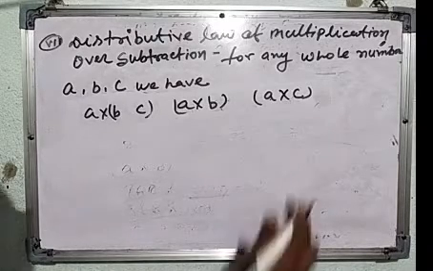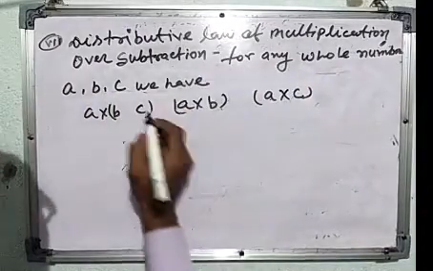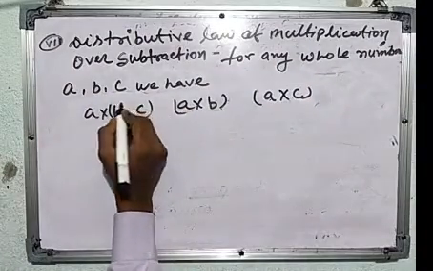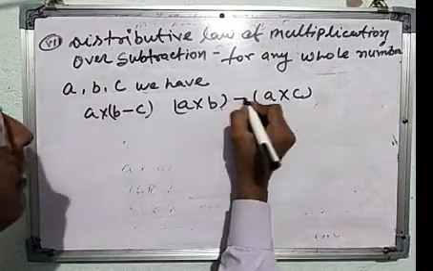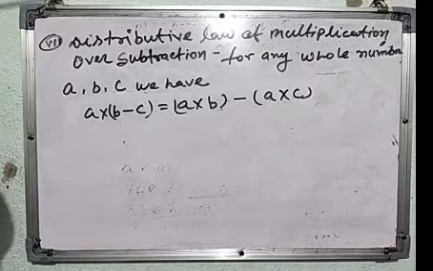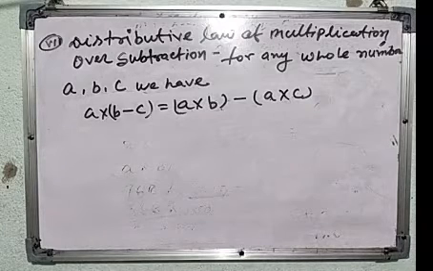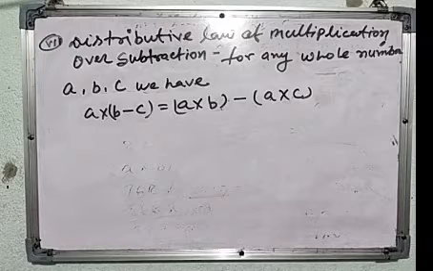Here you see, for any whole numbers A, B, C, we have A into (B minus C) always equal to A into B minus A into C. It means distributive law of multiplication over subtraction.